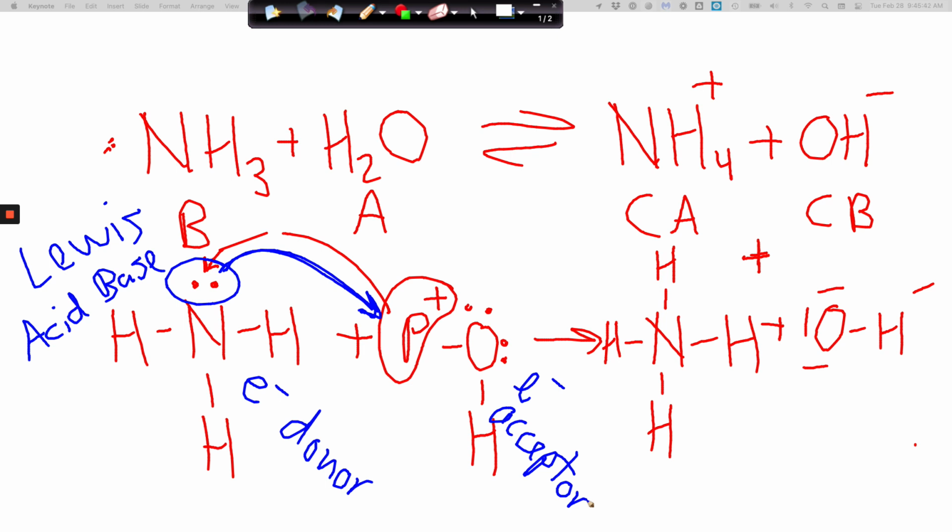When you think about organic chemistry, guys, your acids and bases are all understood through the Lewis context, and that's one of the things that makes this class so evil, is you've got to track electrons through all of these reactions. They're called electron pushing diagrams. So guys, this is an example of an electron pushing diagram as the electrons are being donated by the NH3 and accepted by the proton.